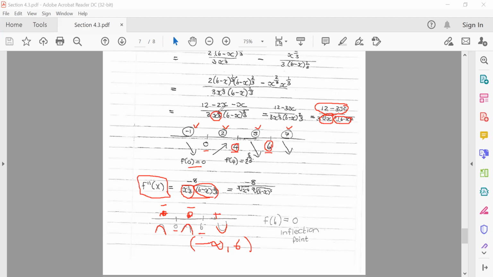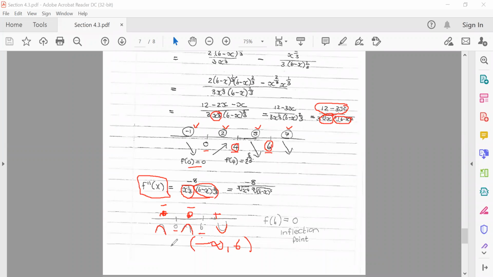Clearly, you can see in the second derivative I gave you, there is a problem when x is 0. So in this case, you're going to say from minus infinity to 0, union from 0 to 6. So split into 2 to show that at 0, there is a problem, because the second derivative is undefined.